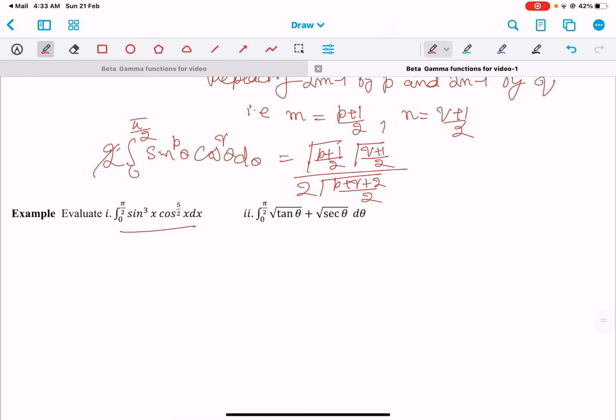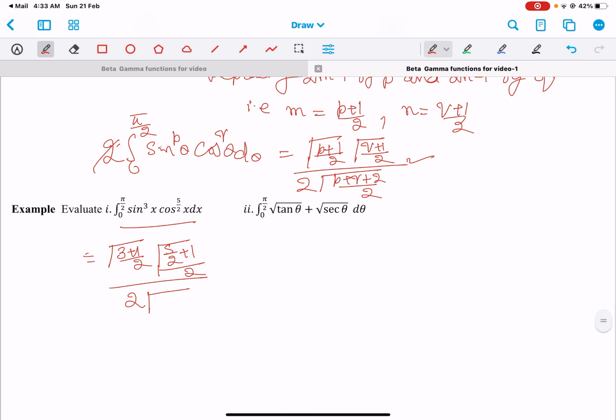It may easily be written in terms of gamma function. So it may be written as gamma of 3 plus 1 by 2 into gamma of 5 by 2 plus 1 by 2 upon 2 gamma of 3 plus 5 by 2 plus 2 upon 2. And now you may solve this to get your final result.